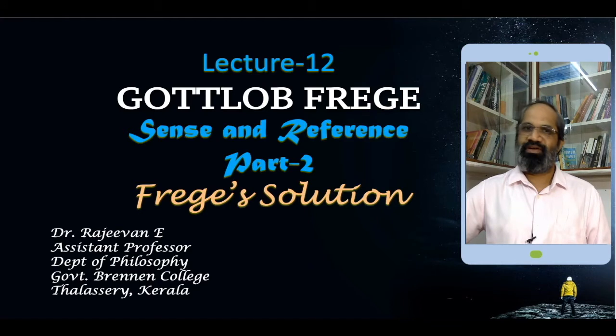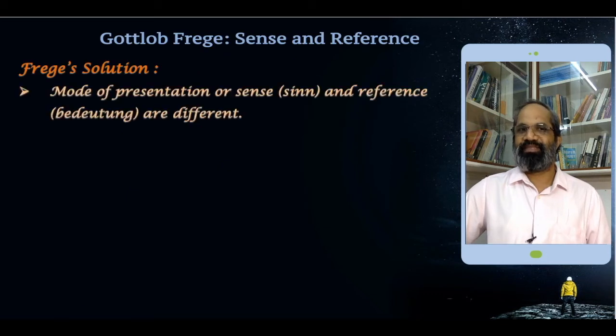Now in today's talk, we look into the solution that Frege gives, Frege's solution to the identity puzzle. He attempts a solution by introducing the term sense, in German Sinn. Reference we already mentioned; that is the object.